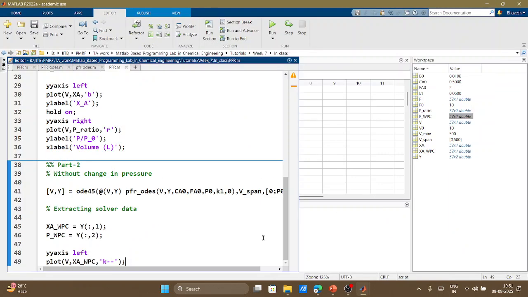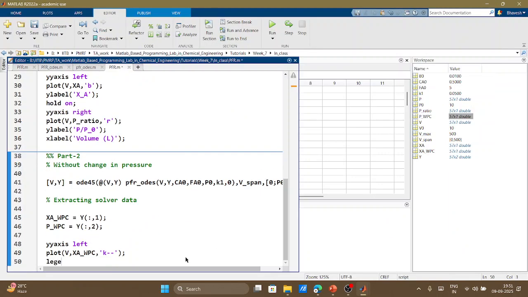I can put a legend here also. So first I am putting XA, then P by P naught, then XA without pressure change.